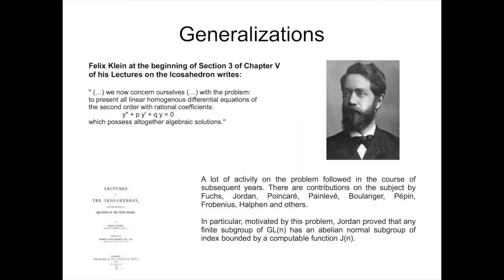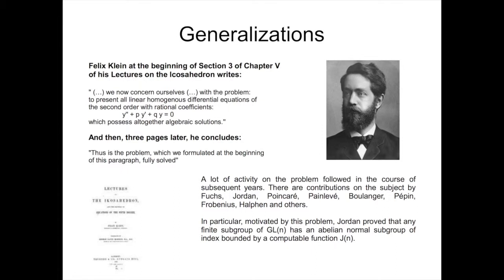In some sense, after a lot of work, people were convinced that the problem was solved, in the sense that, given a linear differential equation, they could understand if all its solutions are algebraic or not.